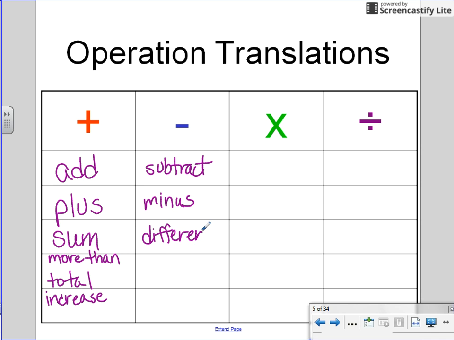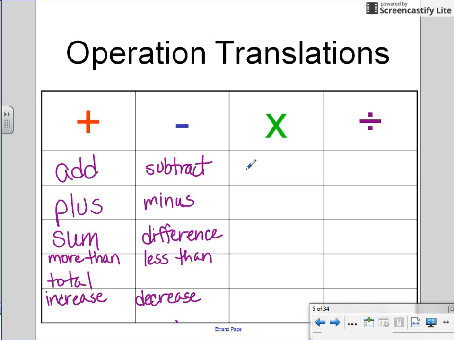So I'm going to put difference here. More than, here's a good easy counterpart, would be less than. Total, I'm not so sure if there's a good word to counteract that one. But definitely for increase, across from there, you can put the word decrease. Let me know if you come up with other ones for that column, and we'll go from there.